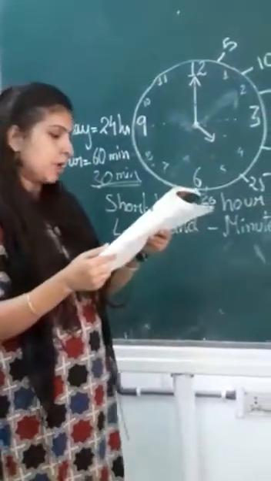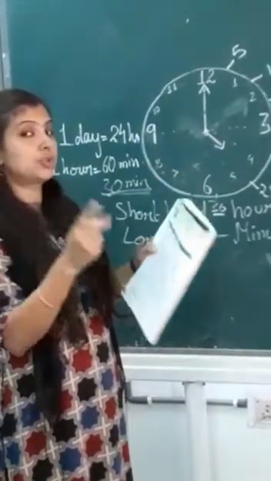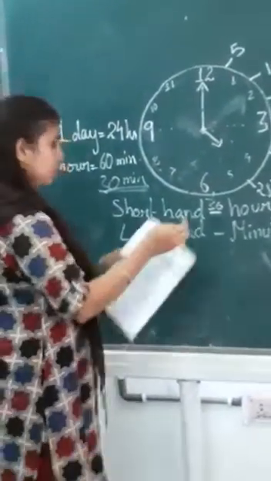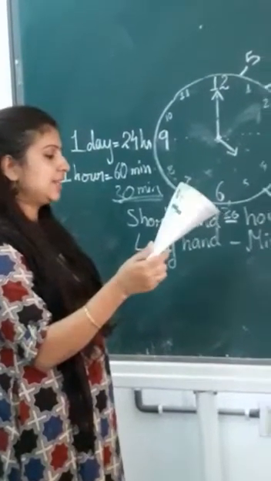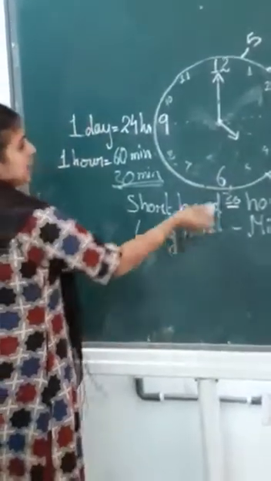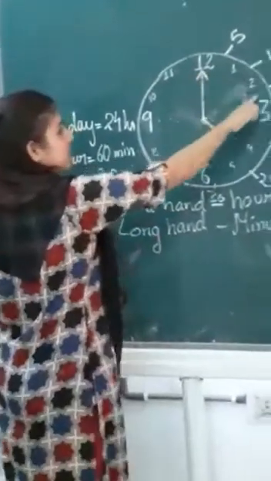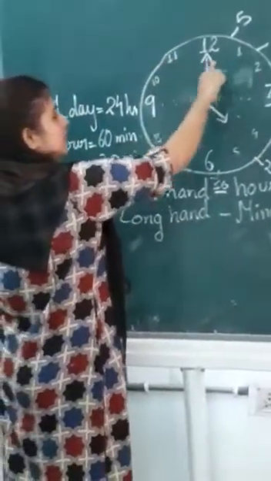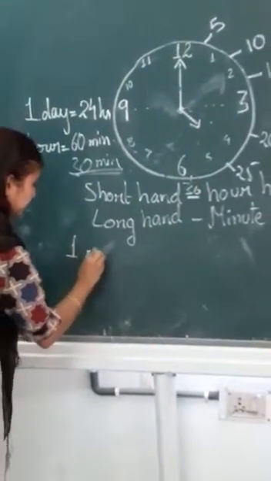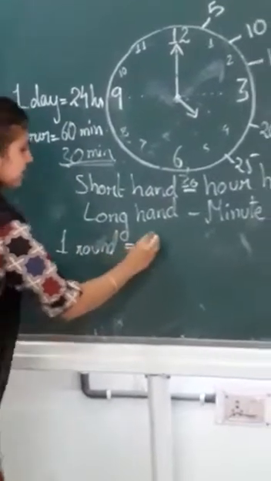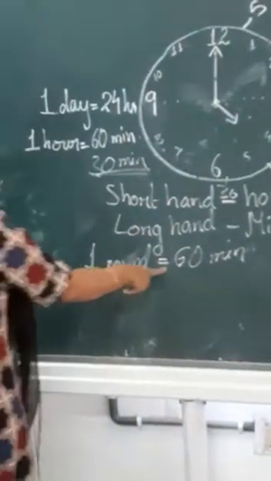Okay. Now, how much time does the long hand of a clock take to complete 3 rounds? Long hand means, again, minute hand. Now, 3 rounds. First round, second round, third round. So, in first round, it is taking 60 minutes.